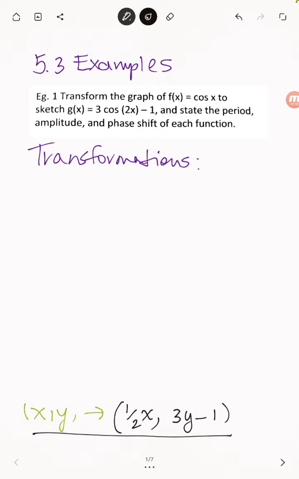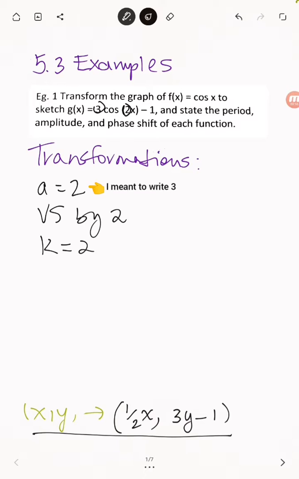So if we just look at the parameters one by one, first one is a, which is 3. That obviously gives us the amplitude, but it also tells us that there's a vertical stretch by a factor of 3. The 2 directly in front of the x, that's our k value, and that tells us that there is a horizontal stretch by a factor of 1/2.